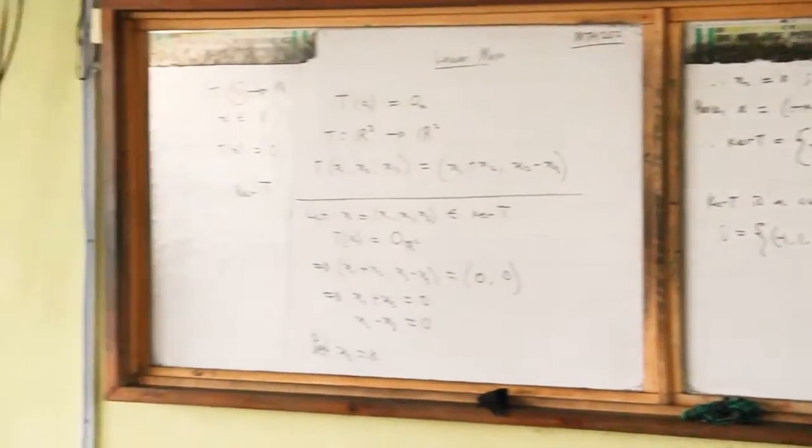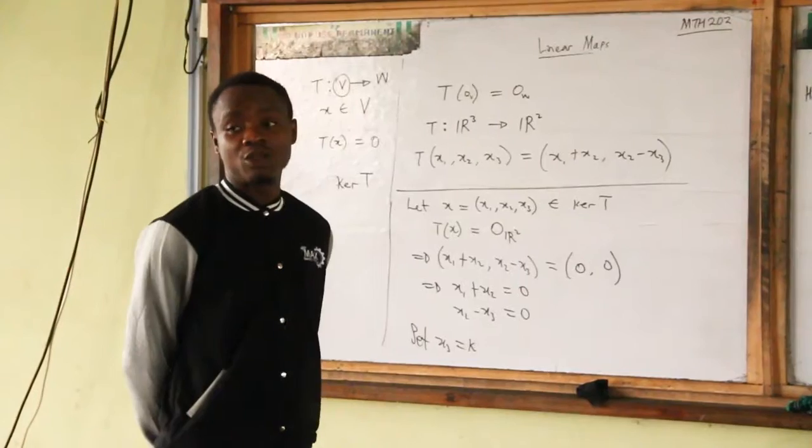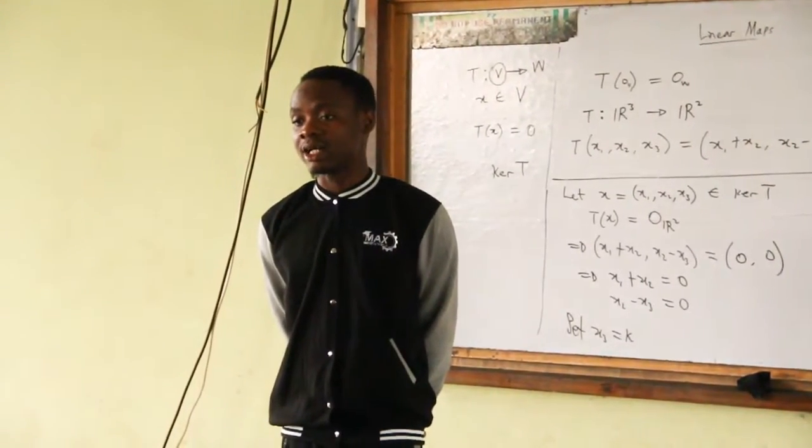of Ker T. You know that a set can be empty. You understand that? The set can be empty. A vector space cannot be empty. We have said that a vector space must contain at least the zero element. But the set can be empty. The set can contain only one element, or only two elements. Is that clear?